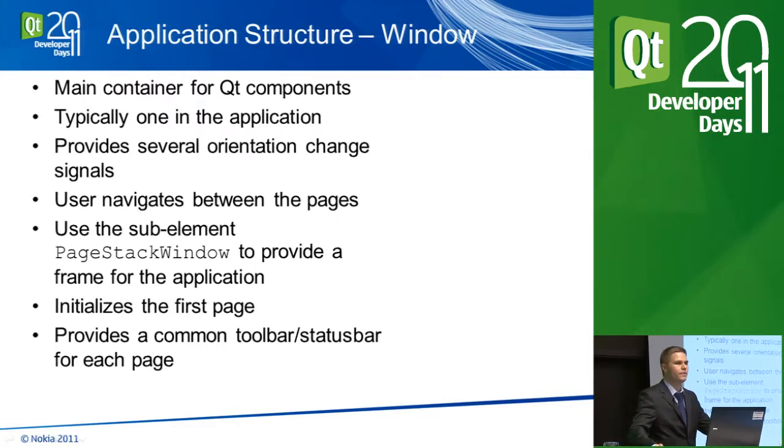Basically most of the components are named similarly between Symbian and MeeGo, but there are differences in how they behave. And once again, they are different platforms, so you need to take that into account.